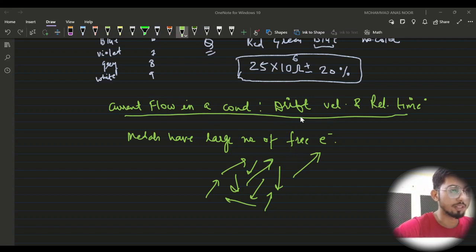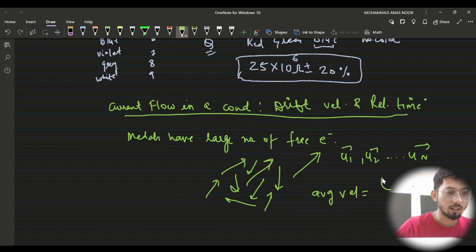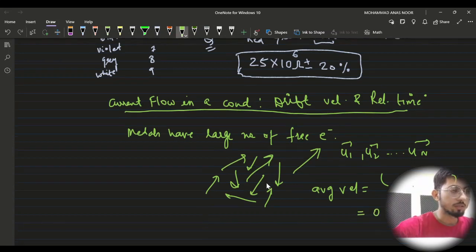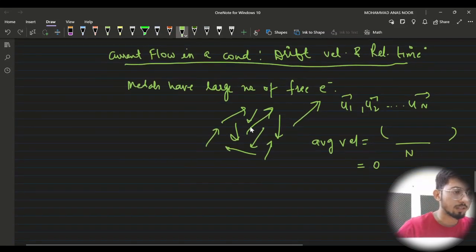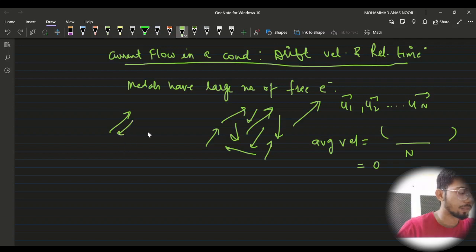For example, let's say we have n electrons, and u1, u2 up to un are the random velocities of the n free electrons. If you find the average velocity, adding all of these and dividing by n, that would always be zero, because if one is moving one way, another would be moving the opposite way. They cancel each other.